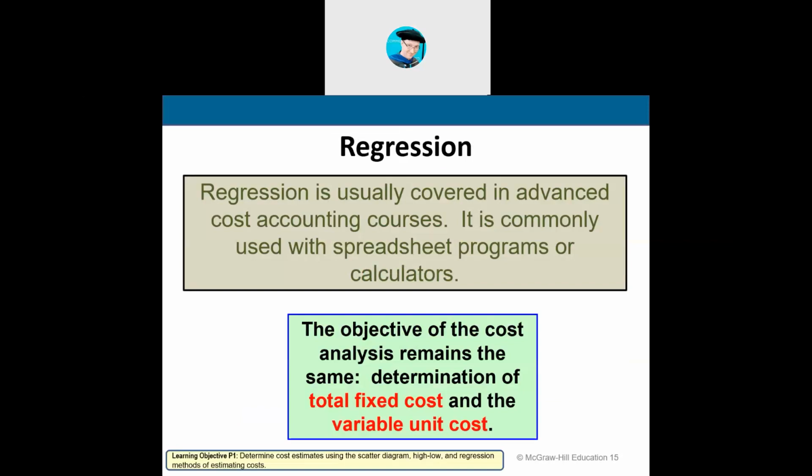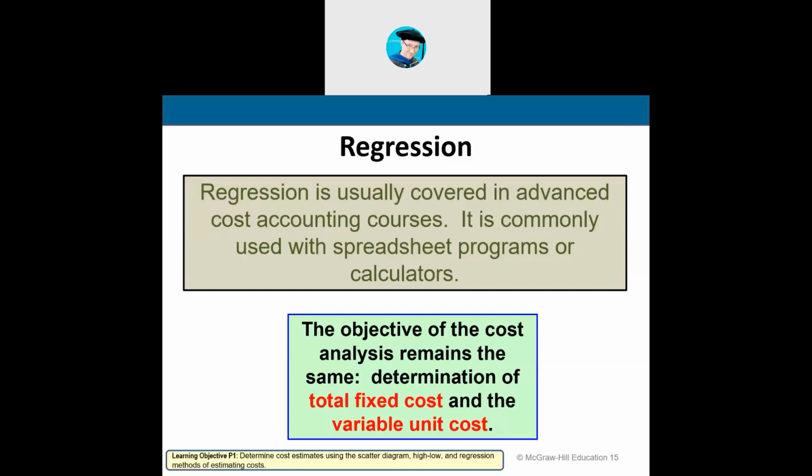The third method is called regression. This is one of those statistics terms. We're just going to talk about it briefly. We use spreadsheet programs and calculators to find what we call a regression line.